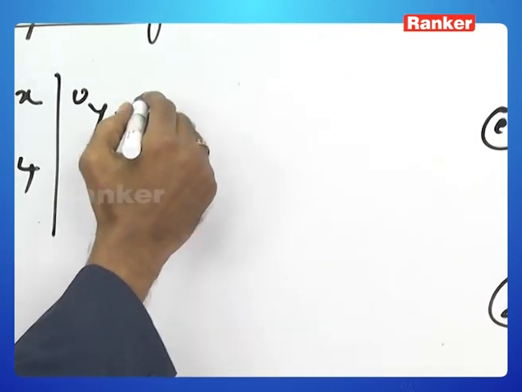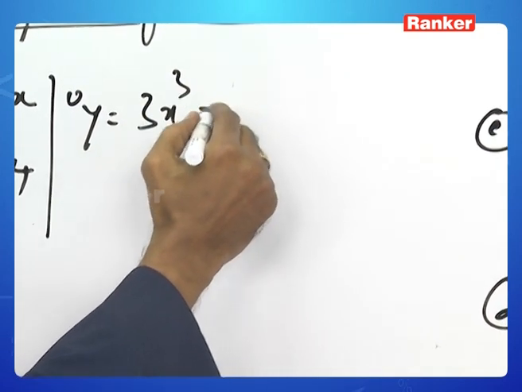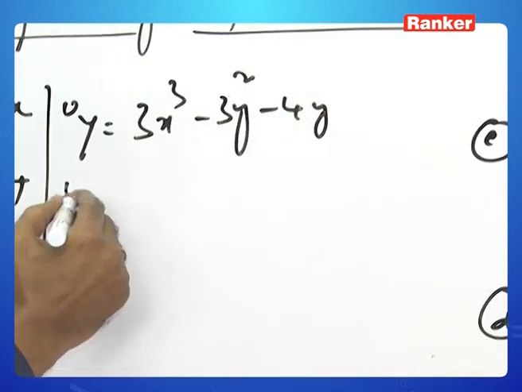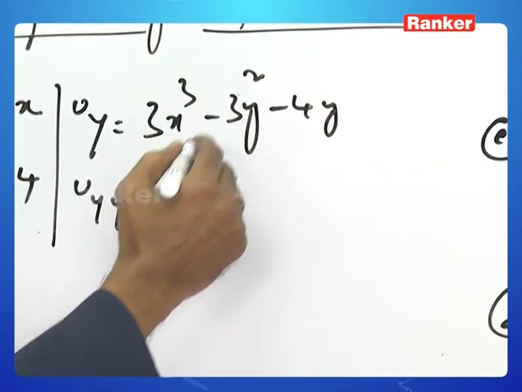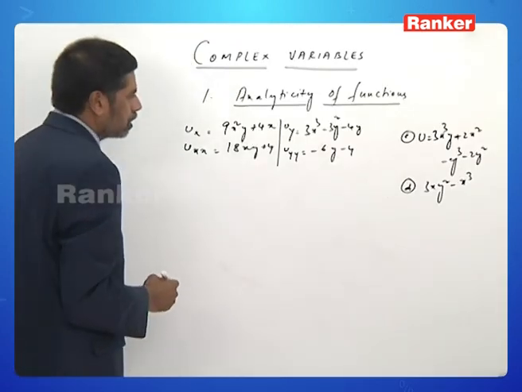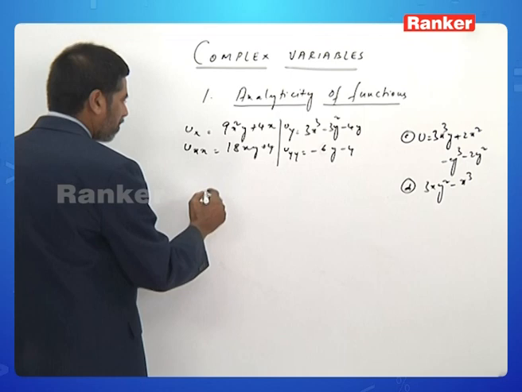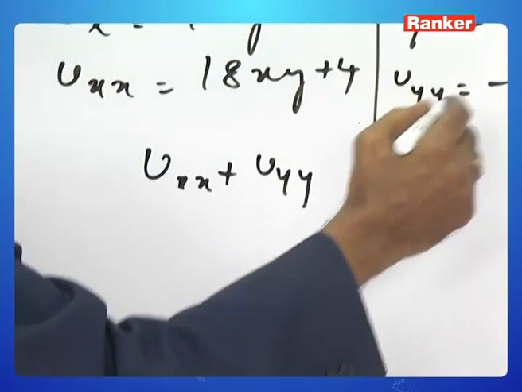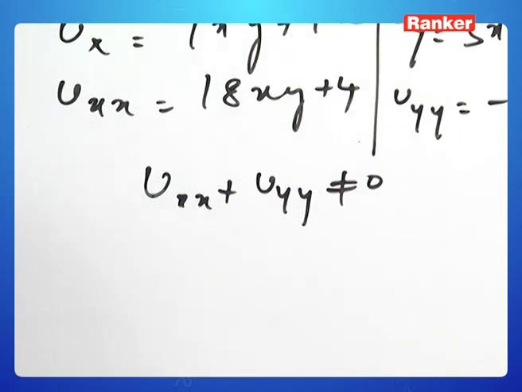From here you get 3x cube minus 3y squared minus 4y, and uyy is minus 6y minus 4. So you will find uxx plus uyy is not equal to 0.